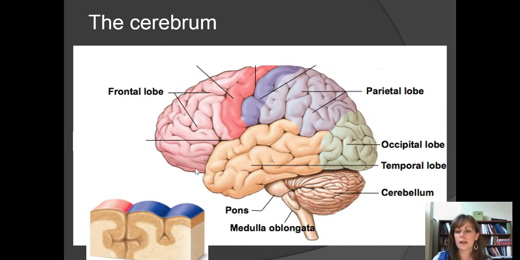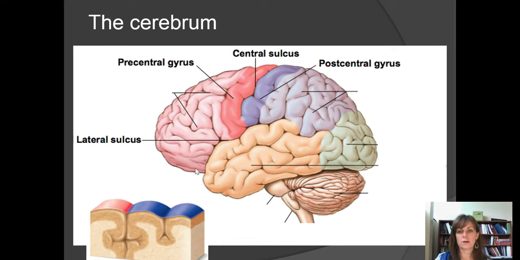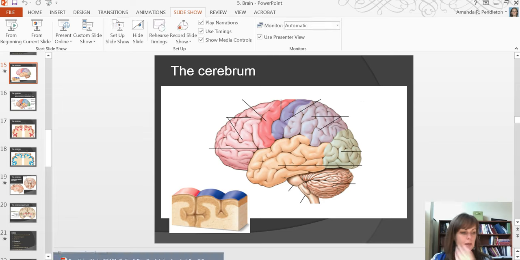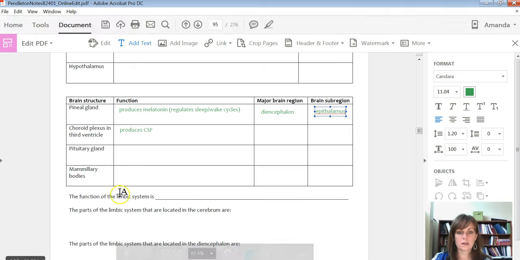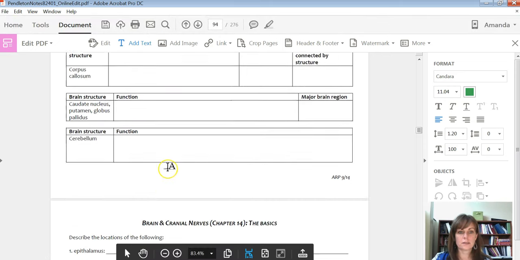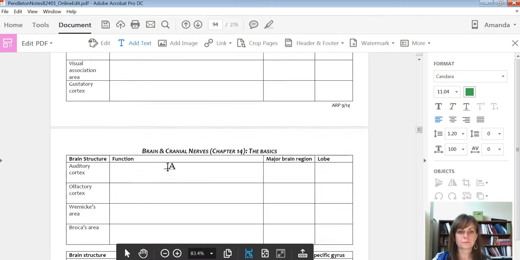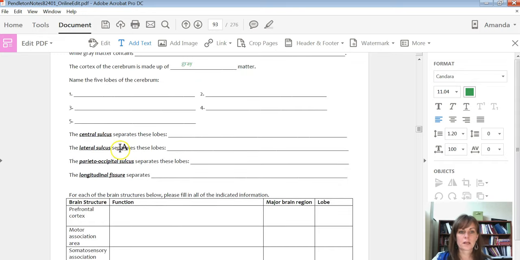So, what I'd like for you to do to get yourself oriented here is look at each of these sulcuses. And in your notes packet is going to be a section that lists each of these sulcuses, or sulci. So the central sulcus separates these lobes.